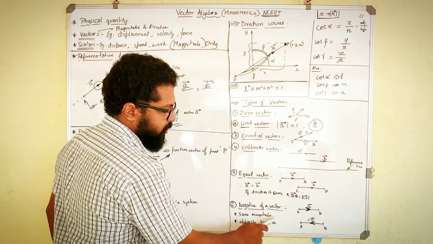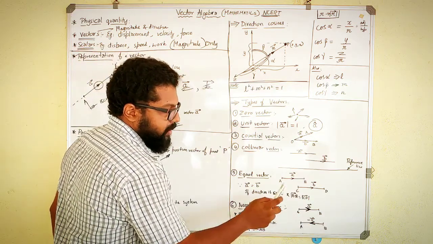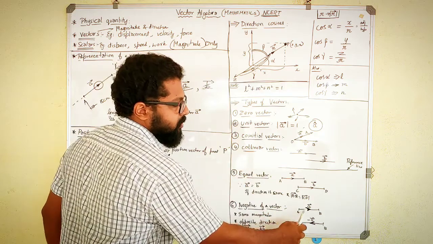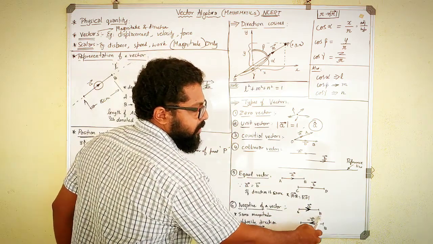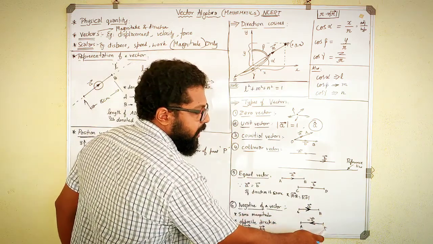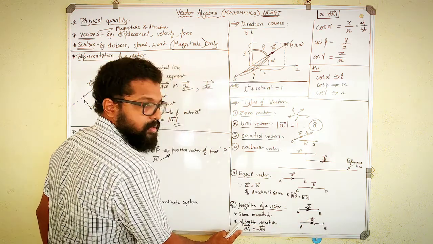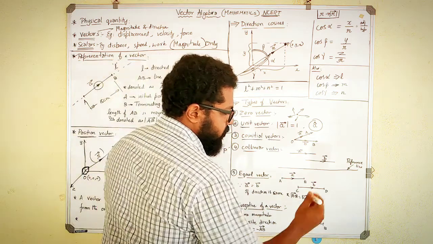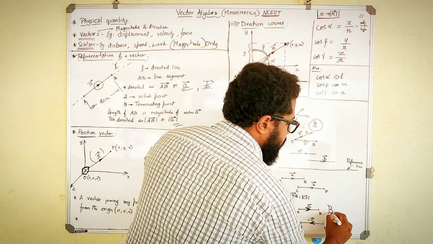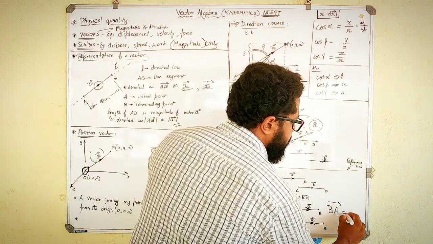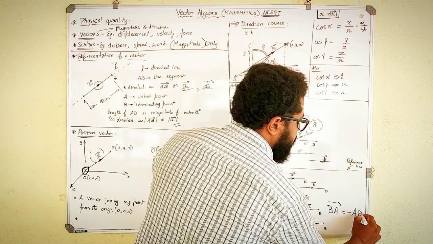So it has the same magnitude but the opposite direction, and it is also read in a different way. Suppose this is A vector, which I read as AB vector. This minus A vector is read as BA vector. I hope it is visible here in the video. BA vector is equal to minus AB vector.